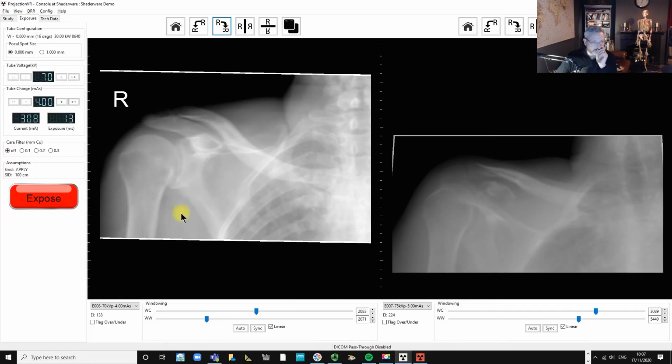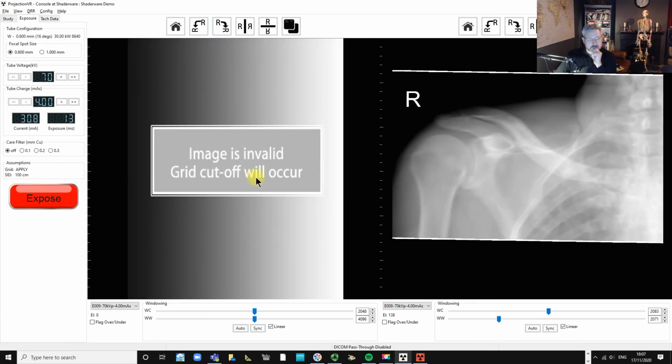If I expose that, I'm going to get grid cut off because my X-rays are now not parallel to the grid lines. They're now angled against the grid lines, and so they'll be blocked. Basically, the grid is acting as if the primary beam is scatter, and so it's being rejected, it's being absorbed.